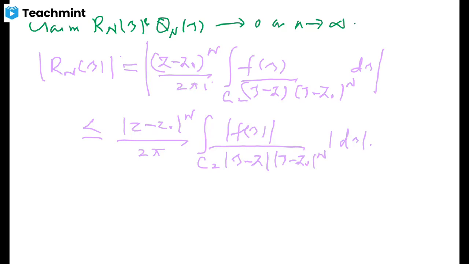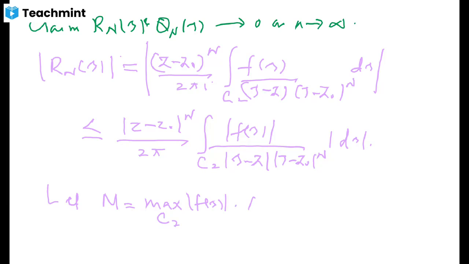Now again, f being an analytic function on C2, it is continuous over C2, and C2 is a compact set, so this function has a maximum there. So I'm going to denote by capital M the maximum of f of zeta over this curve C2. And this is always finite because of the compactness and continuity argument.